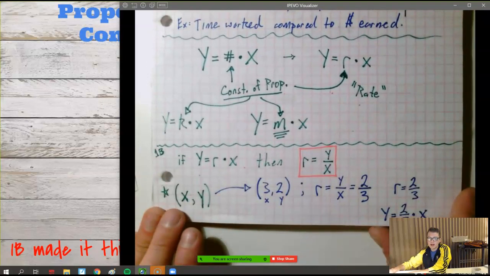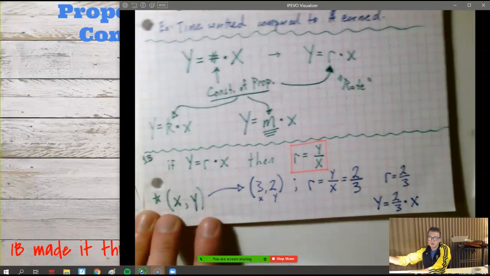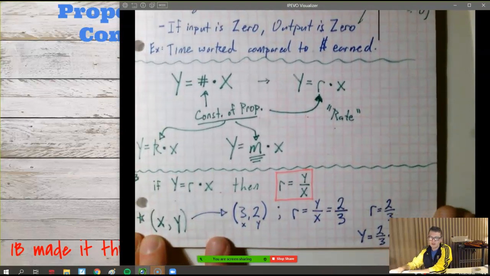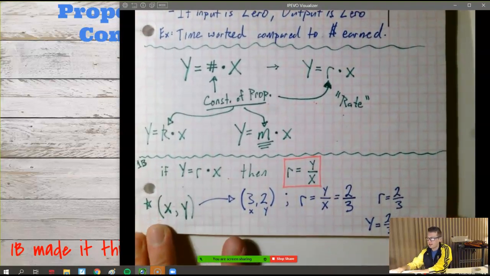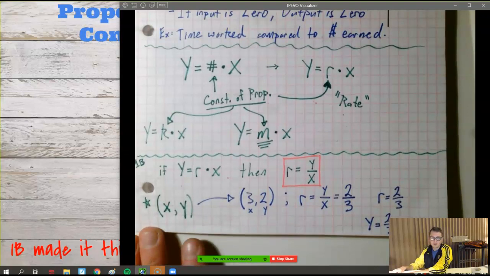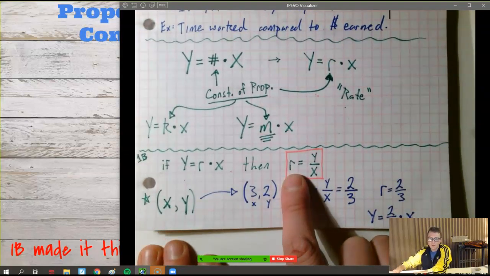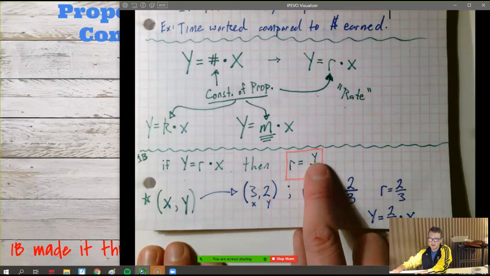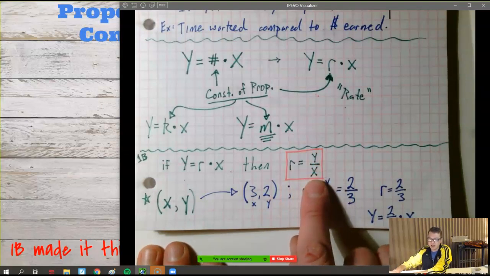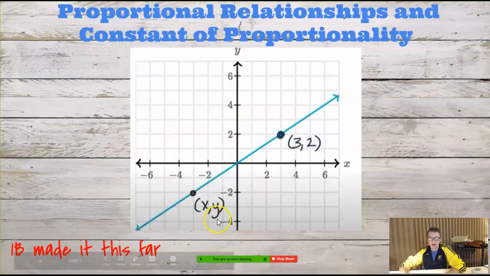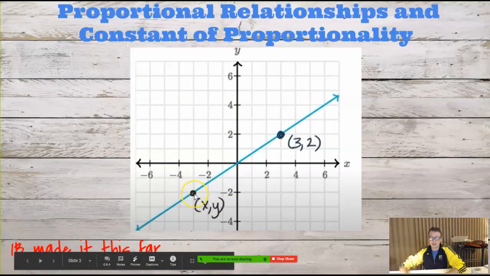And let's say we're asked to determine what the relationship in that line is. So to figure out that relationship or the rate, we want to put a y value over a corresponding x value. Now, what do I mean by that? When we look at the graph, we can pick points, right?